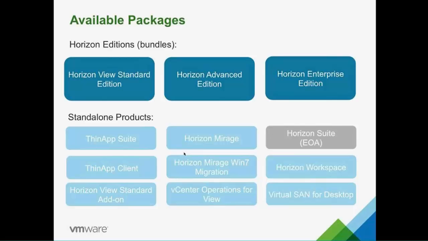If the customer wants to just take that or just use Horizon Mirage for upgrading desktops, if they want to just purchase the Horizon View Standard add-on, these are all going to be available. However, the best bang for the buck is going to be inside of the editions.